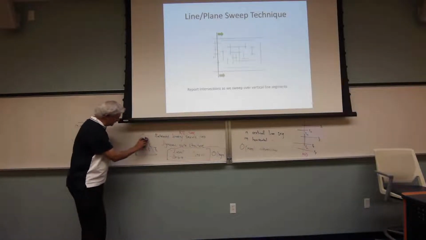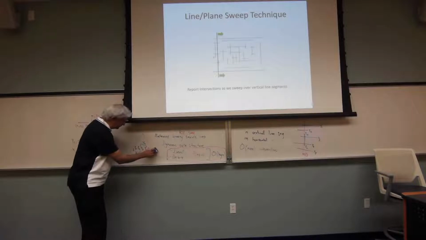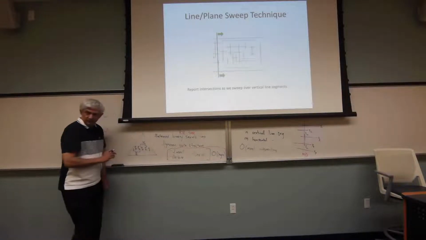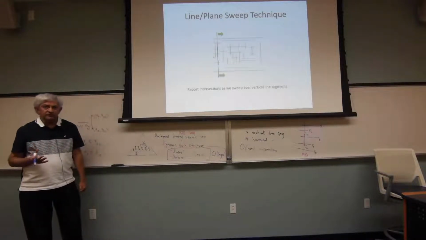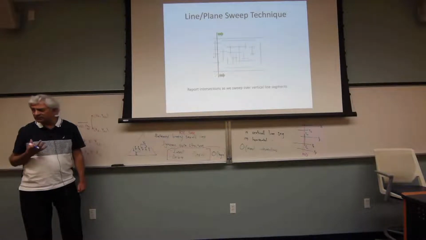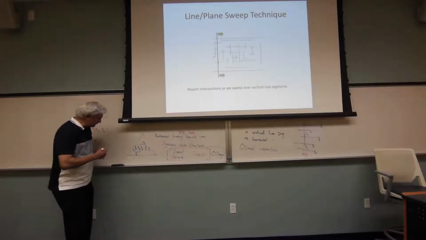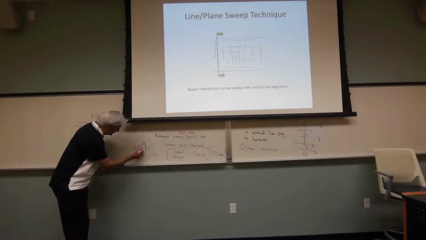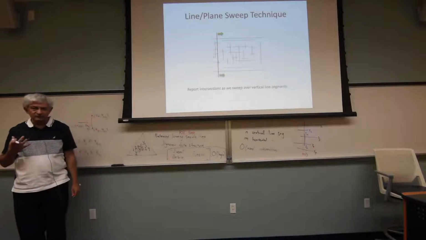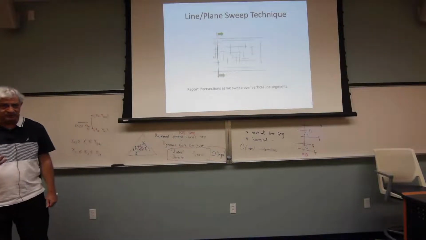So immediately I know that anything between YL and YU, those horizontal line segments have to intersect this vertical line segment, which means that y4 and y3 are going to give us intersections with that vertical line segment.